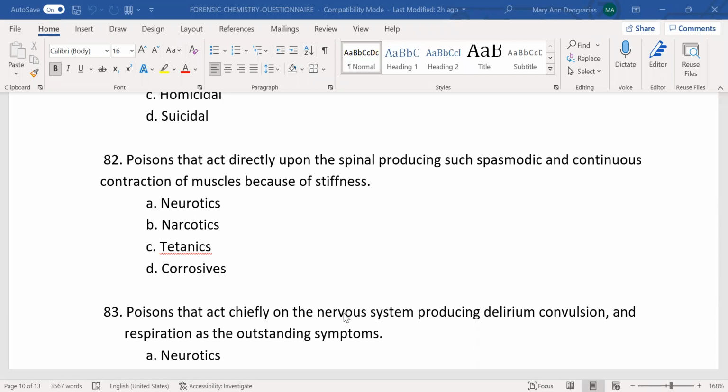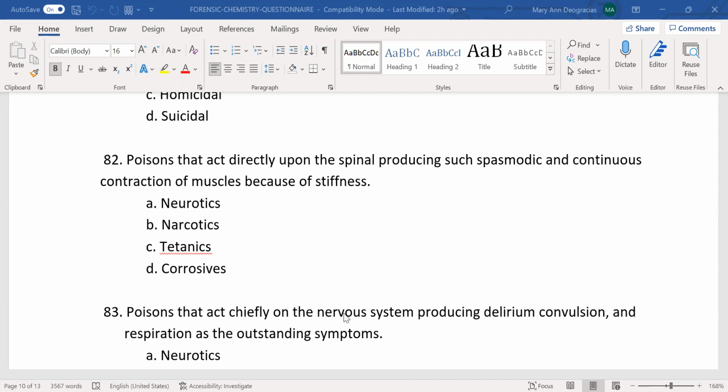Spinal cord yan. Okay, C, tetanics. D, corrosives. Okay, it's tetanics. C, tetanics yan. Ang neurotic kasi brain. Ito, spinal cord. Spinal cord yan. The word spinal is tetanics.